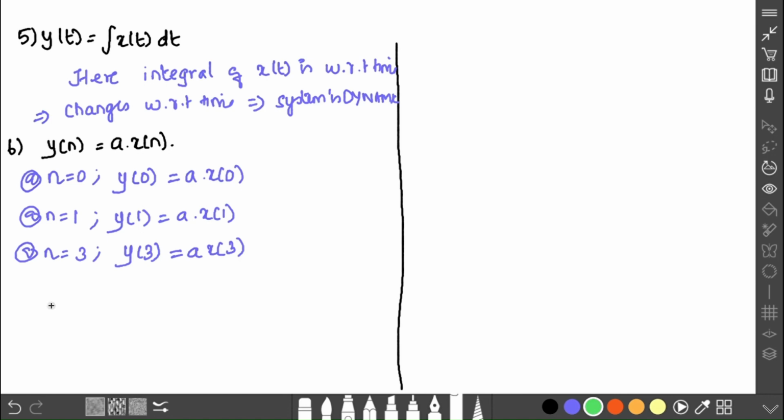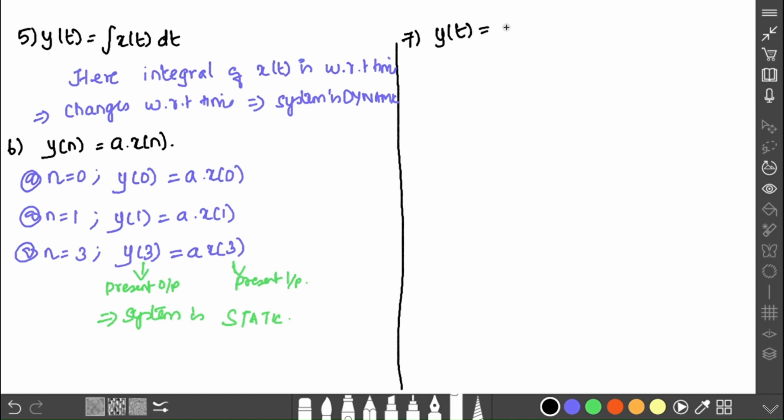You should substitute at least 2 to 3 values for 2 marks. At n equal to 3, it becomes a into x of 3. So here you could identify the present output is dependent on the present input only. So the system is static. There is no change. A future value is not present and a past value is not present.